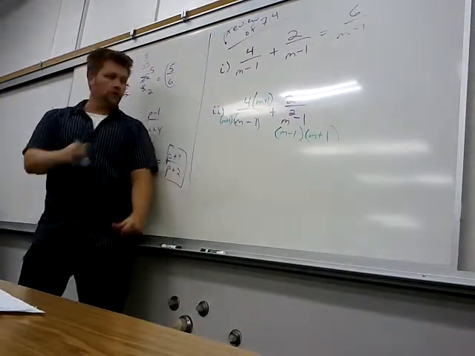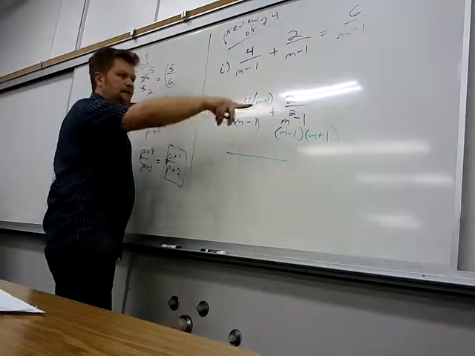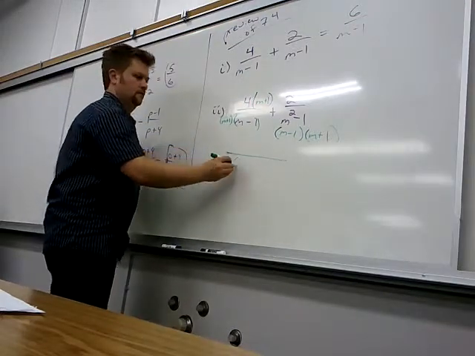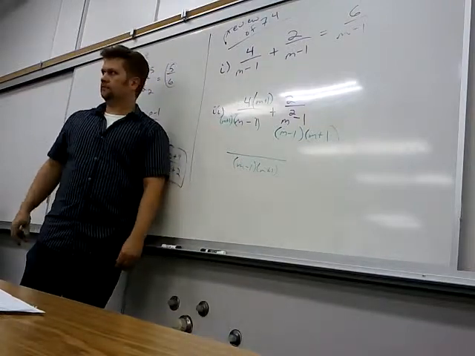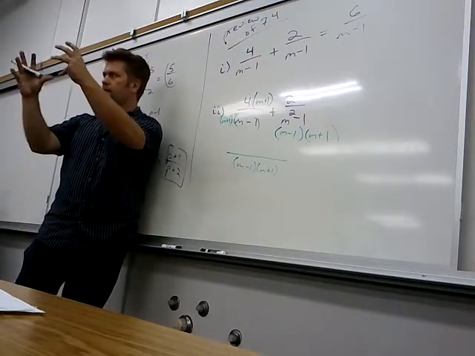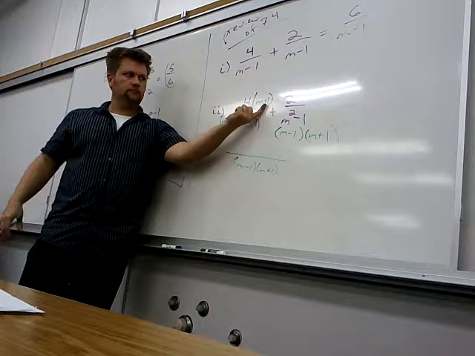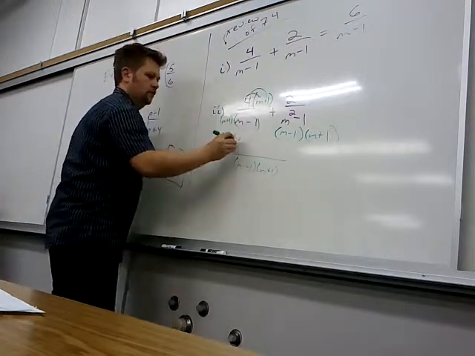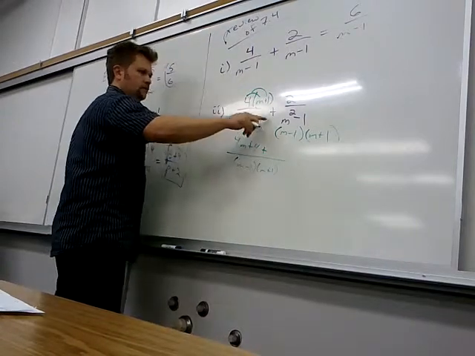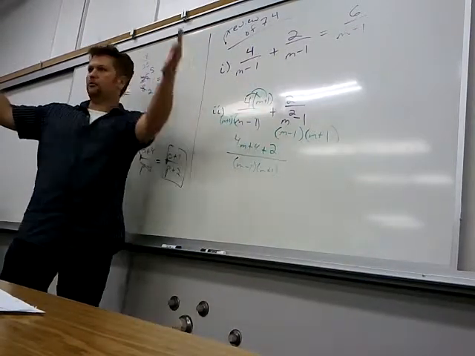Okay. So then on the bottom, what are you going to get when you add these together? M minus 1, m plus 1. I like it. That's the LCD. That's the common denominator. What do you get up here? 4m plus 4. Good. 4m plus 4 plus 2. So now you can put them together, right?